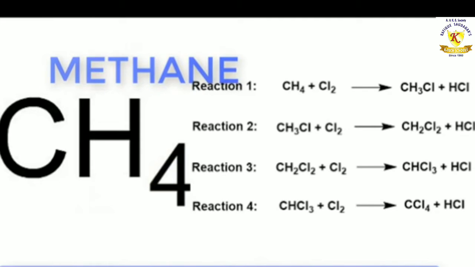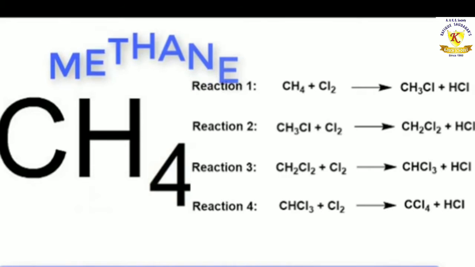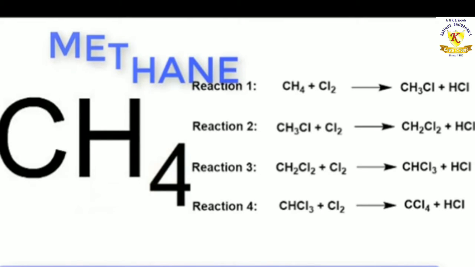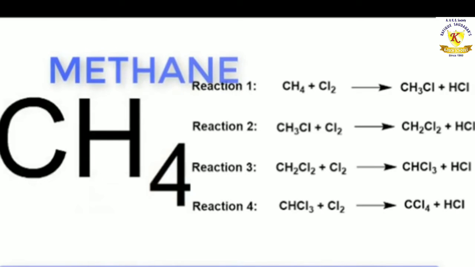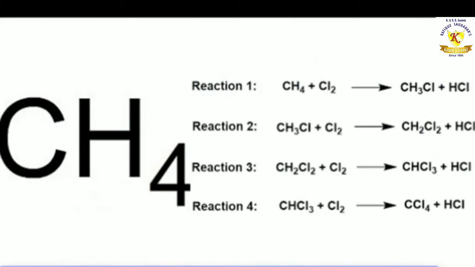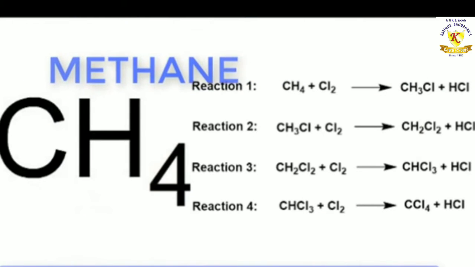Chlorination. Methane reacts with chlorine in the presence of UV light, that is ultraviolet light, which acts as a catalyst, to yield a mixture of products. These products are formed by the successive displacement of the hydrogen atoms in the methane molecule by chlorine atoms.